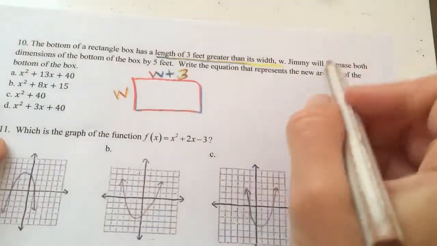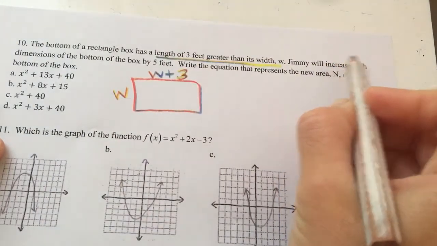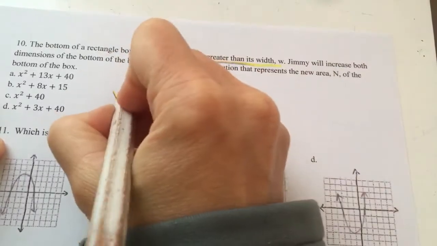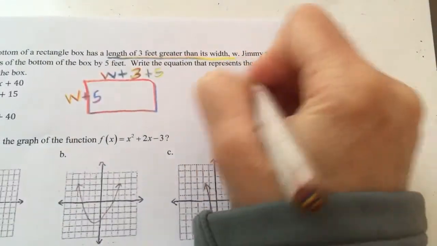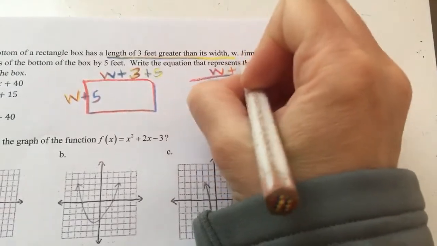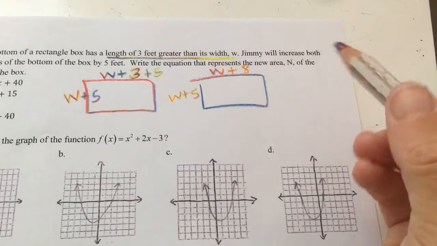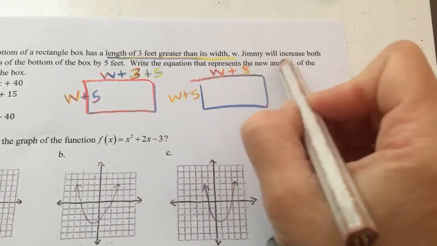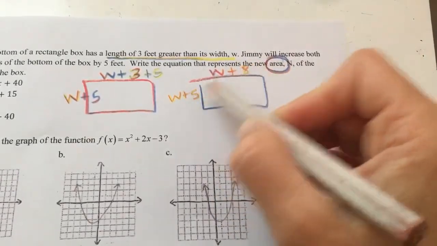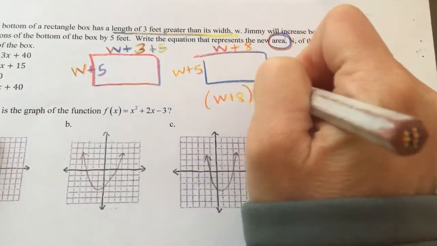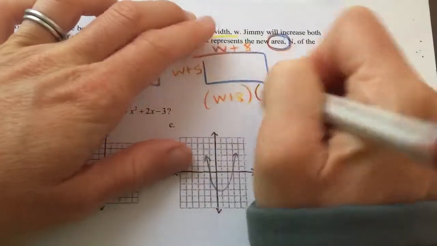All right. Now Jimmy will increase both dimensions by 5. So he's adding 5 to both. So if I draw a new picture, this would be W plus 8 and W plus 5. Write an equation that represents the area. Area means to multiply. So I need to do W plus 8 times W plus 5.